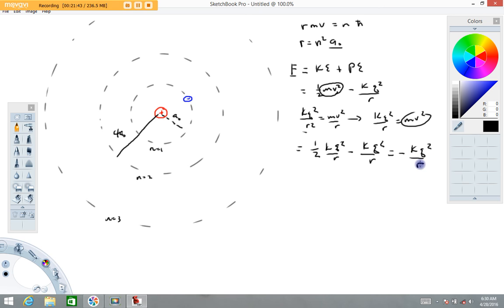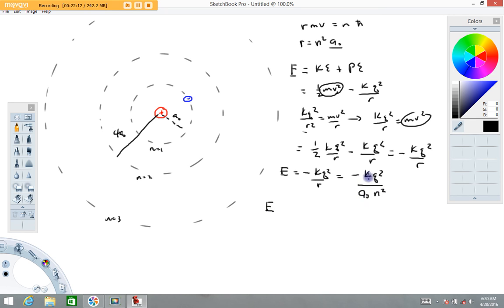All right, so we now have an expression for the total energy of the electron as a function of r. From before, we have r in terms of n and the Bohr hypothesis. So this is equal to minus kq squared over r, with r equaling a sub o n squared.